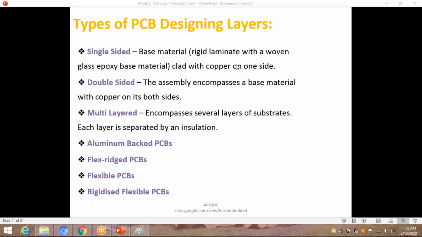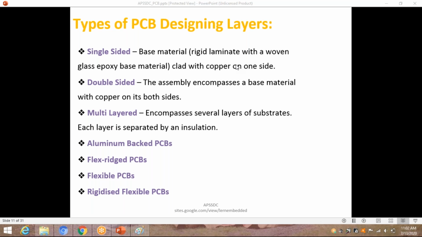Are you clear with the single-sided PCBs? Yes, sir. Tell me again. Single-sided PCBs are nothing but you will have the conducting material only on the top side of the board. The conducting material is the copper.